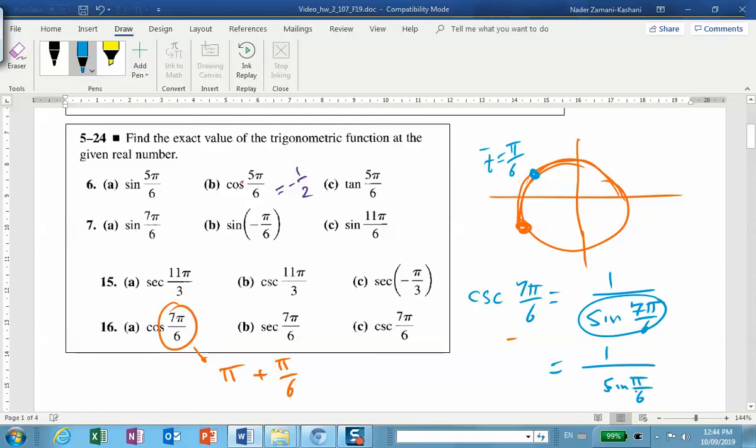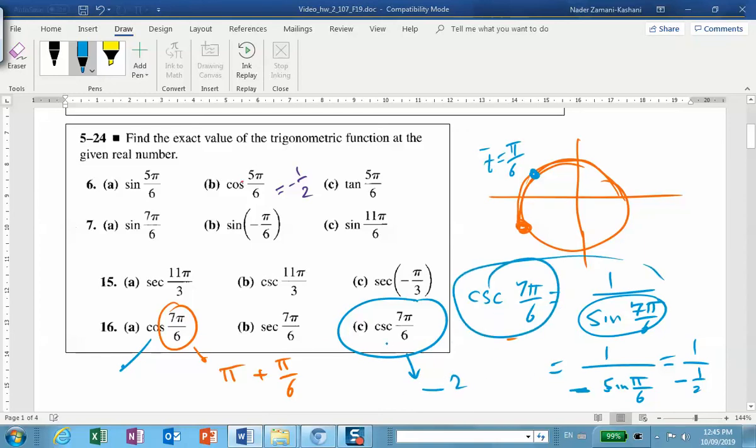The algebraic sign, notice that they are different. They're negative of each other. So this is 1 over minus 1/2, and the whole thing is, oops, I'm sorry, what I meant, this was cosine. What I meant was, this is the one that I'm doing. It is minus 2. What I did here for you was cosecant, which is this. So the answer to C is minus 2.